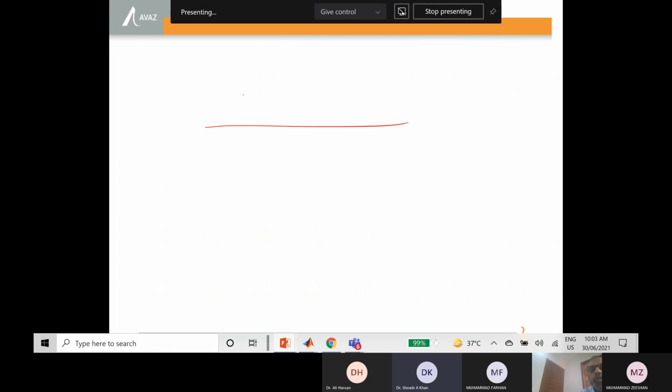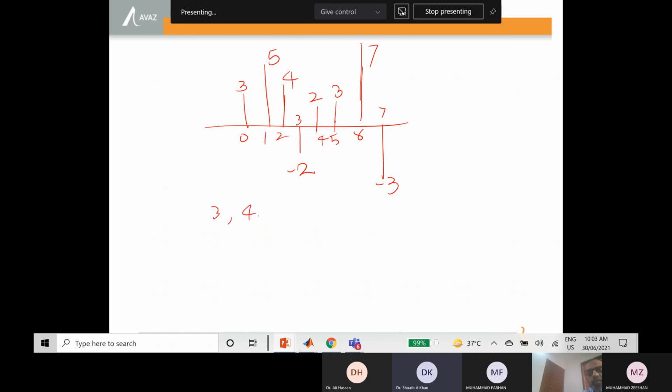Let me put in some values to show you. 3, 5, 4, -2, 2, 3, 7, 0, 1, 2, 3, 4, 5, 6, -3. So you split even indices on this side, making 2 signals: 3, 4, 2 and 7 on this side, and the samples with odd indices, 5, -2, 3 and -3, on this side.